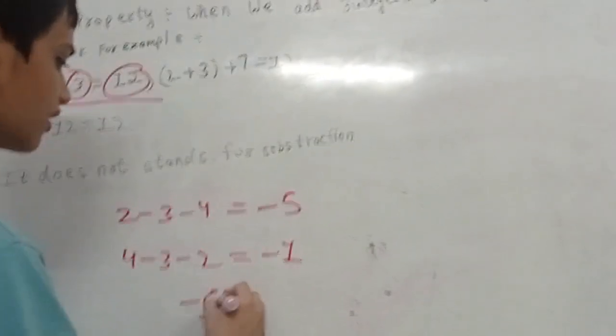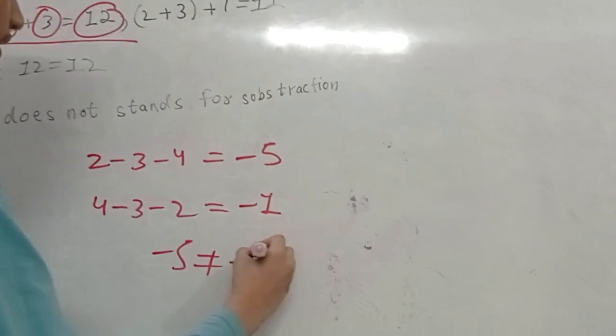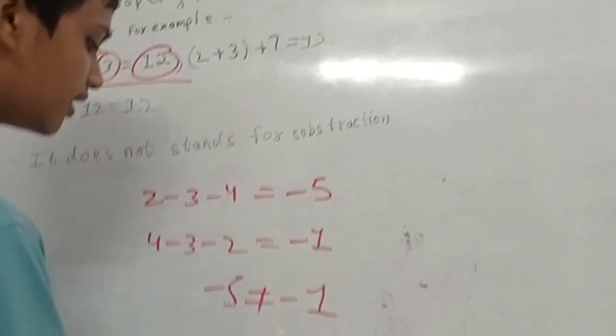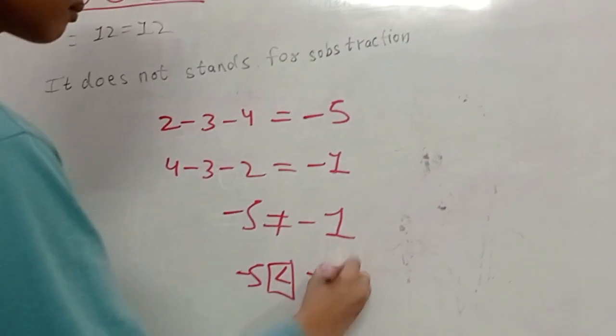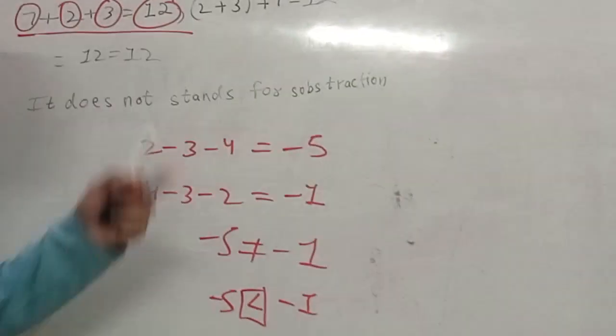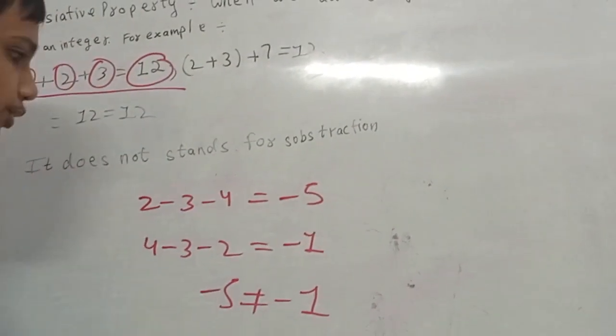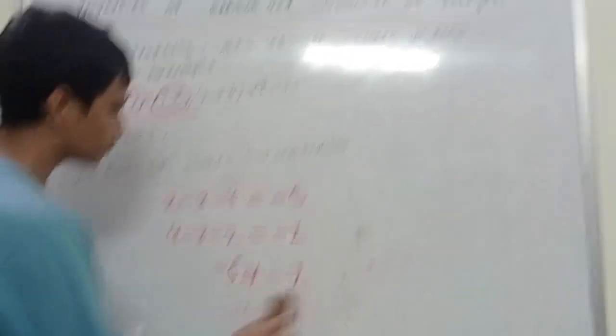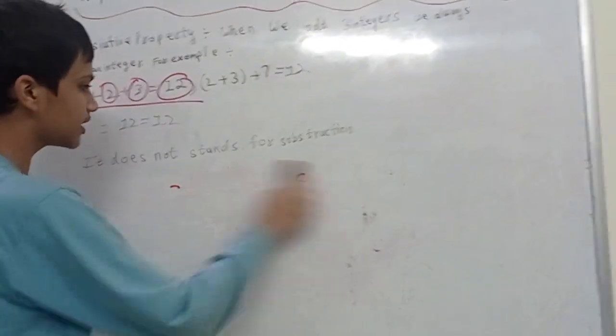So minus 5 is totally not equal to minus 1. Minus 1 is much greater than minus 5. So we can say associative property does not stand for subtraction, as the commutative property also does not stand for subtraction. So this is all about the properties in maths.